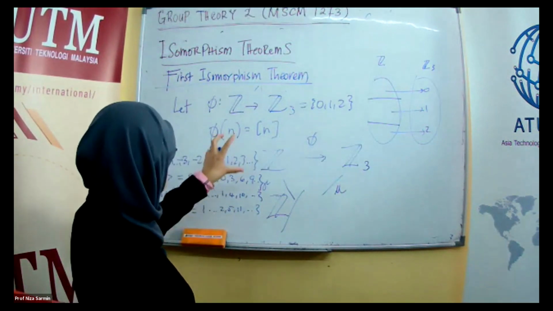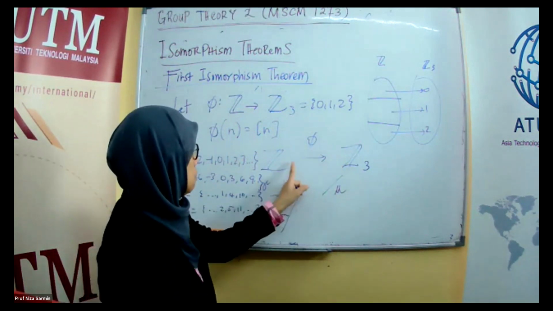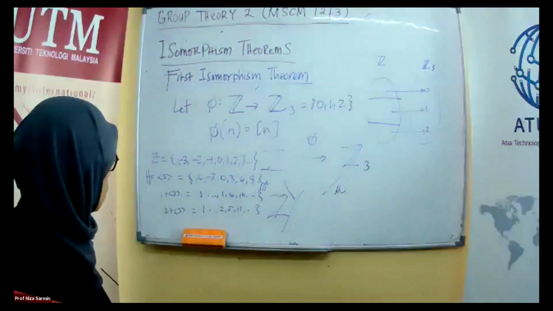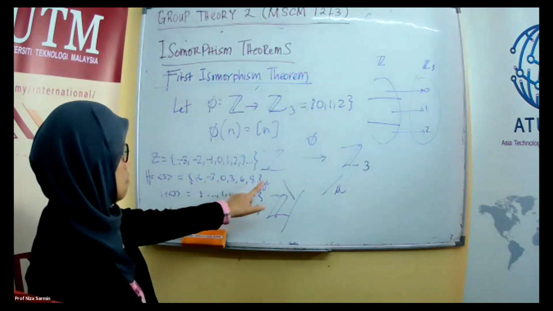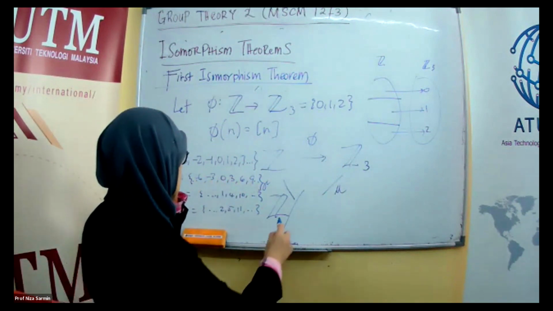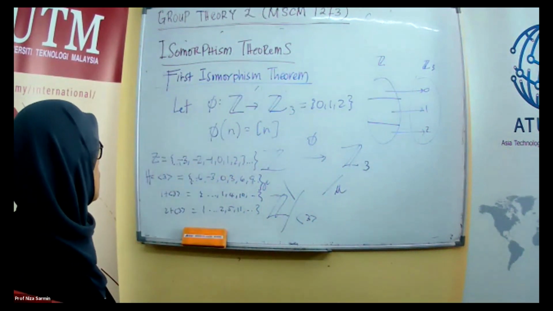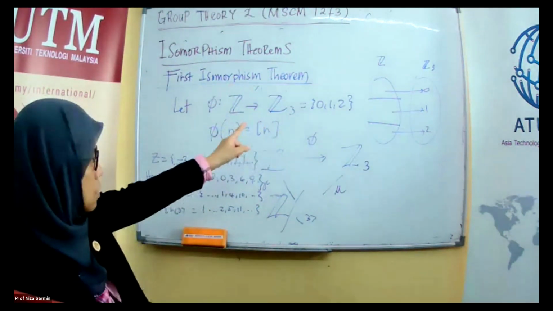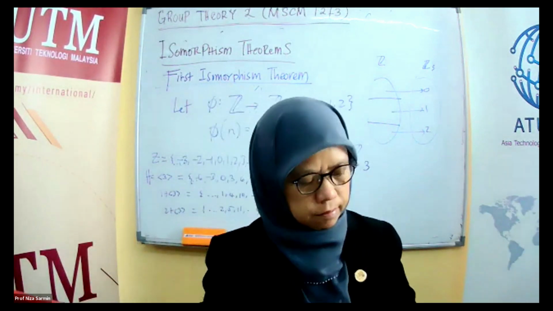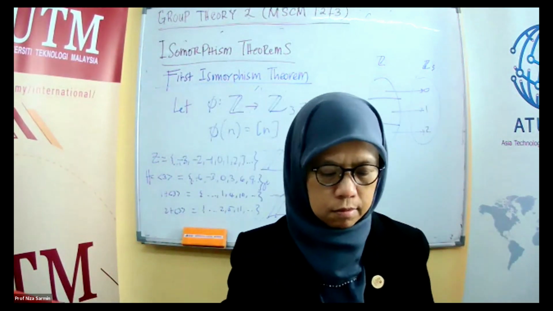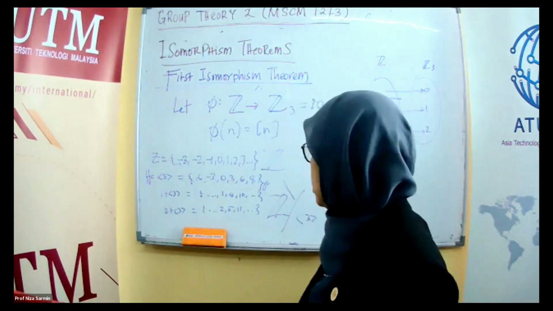So by doing this, I have this mapping. And I have this kernel because all of this will be mapped to 0, right? This is the kernel. And by the first isomorphism theorem, there exists a unique isomorphism.